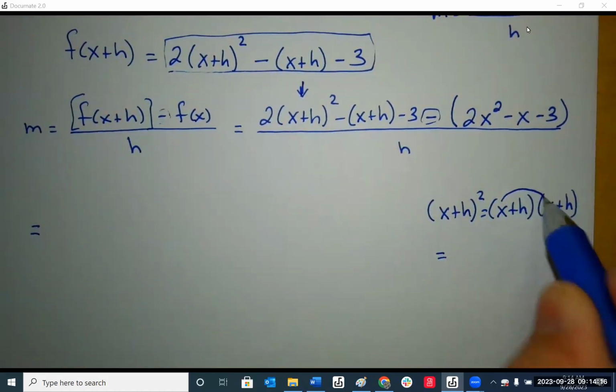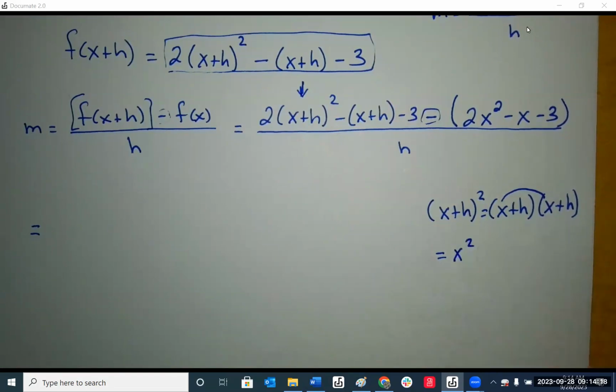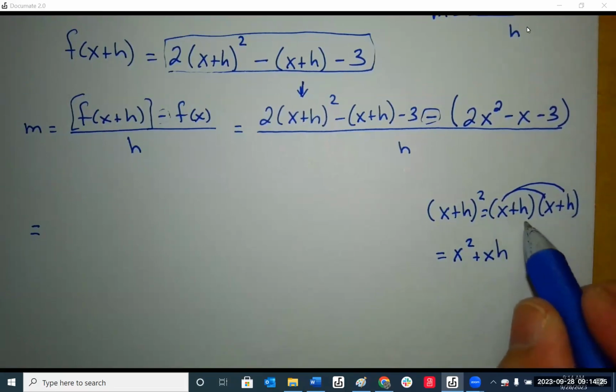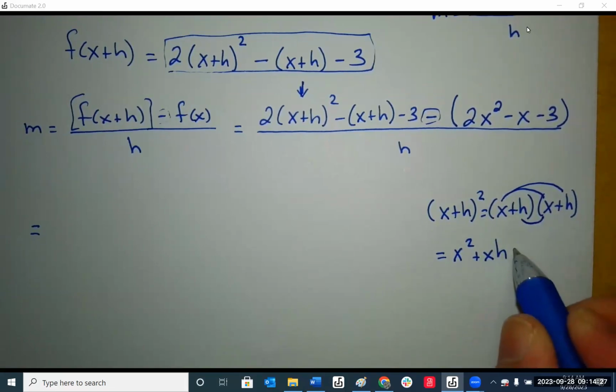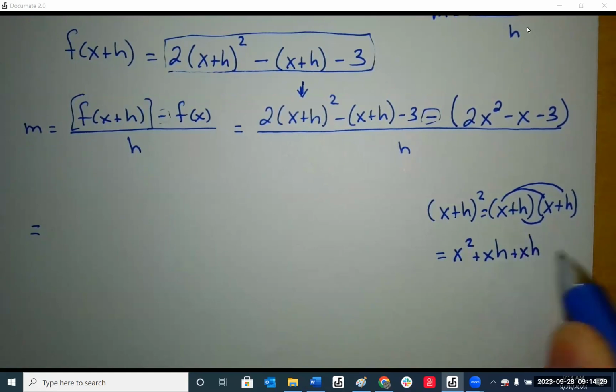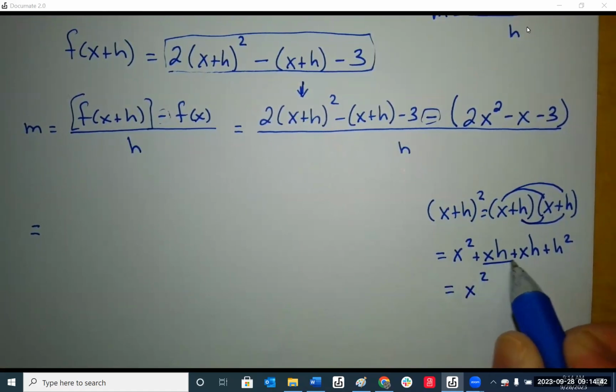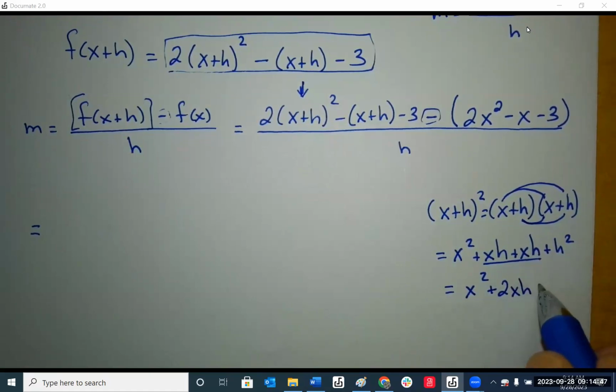So x times x is x². x times h is xh. h times x is the same thing as x times h by commutativity. And then h times h is h². Since all the signs are plus, combine like terms: xh + xh is 2xh.